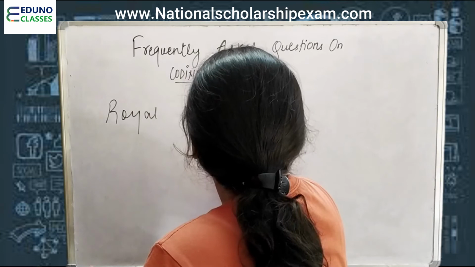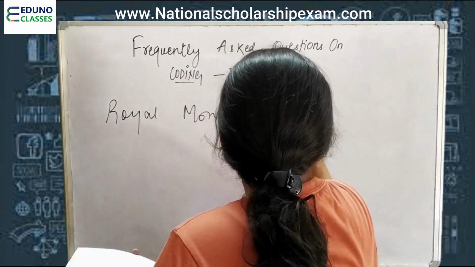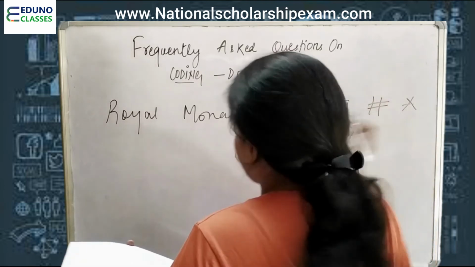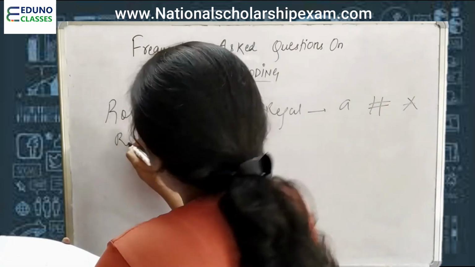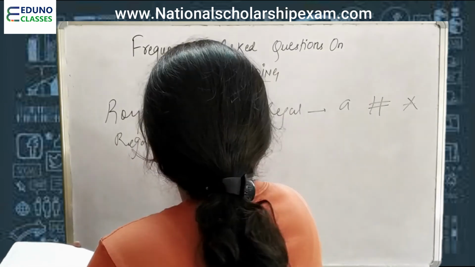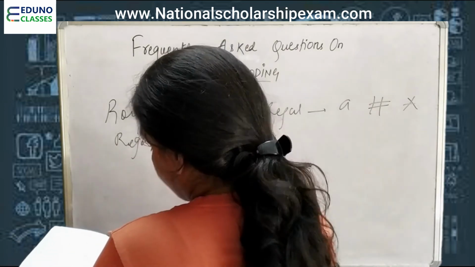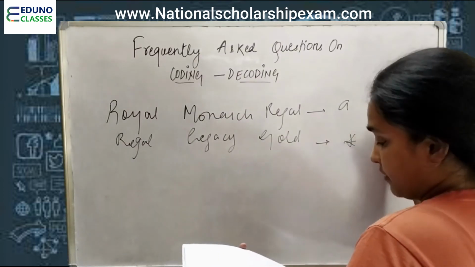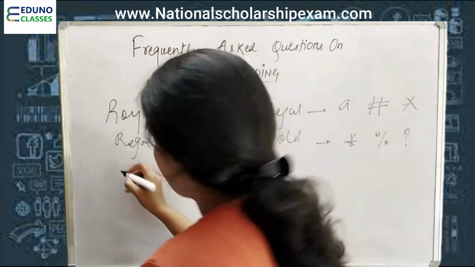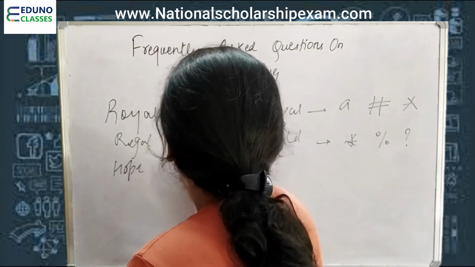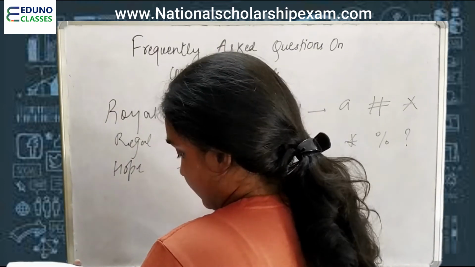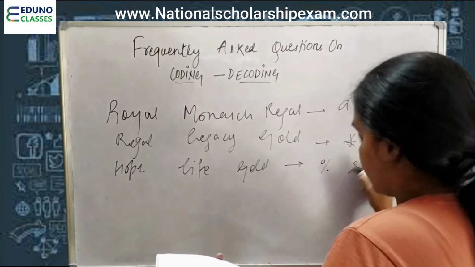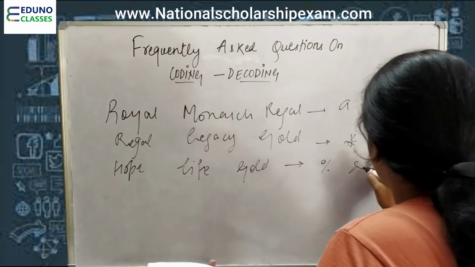Royal Monarch Regal is written as A hash asterisk. Regal Legacy Gold is written as asterisk percentage question mark. Hope Life Gold is written as percentage and dollar.